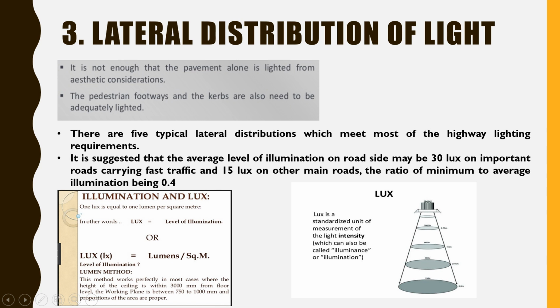Now let us first understand what this lux is. Lux is a standard unit of measurement of light intensity, which we can also call illuminance or illumination. 1 lux is lumens divided by square meter, and it is denoted by Lx.